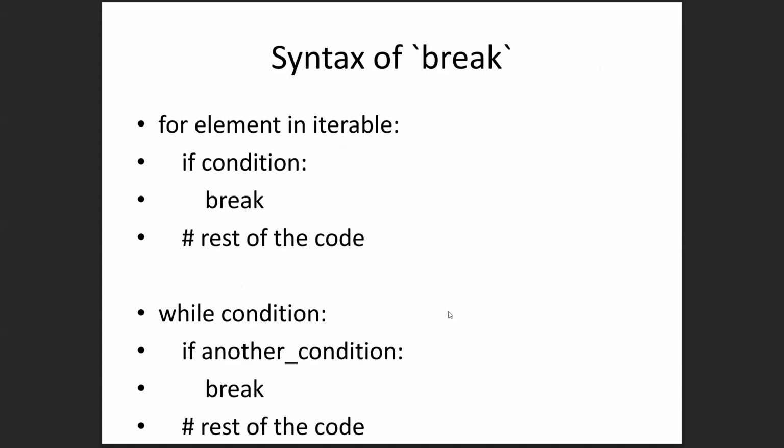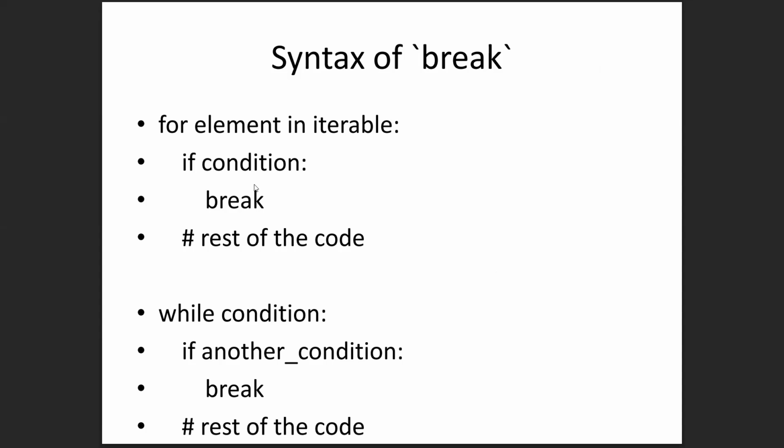So now we will see the syntax. First, here we are using the for loop syntax. After that we are using the condition. After the condition we have the break and the rest of the code. What will happen here is, if the condition is satisfied, it will break and come out of the loop.